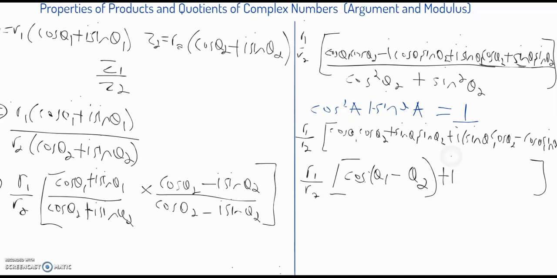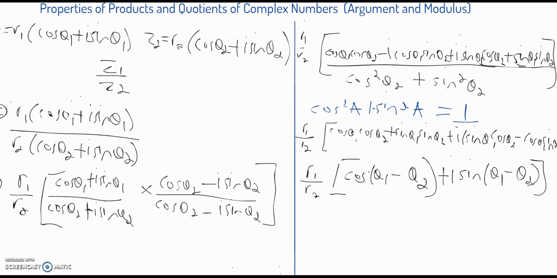Plus i, and so we have sine theta 1 cos theta 2 minus cos theta 1 sine theta 2. So this would be the sine of theta 1 minus theta 2. Good. So not much difference in terms of what happened when we did the product and what happens when we do the quotient.